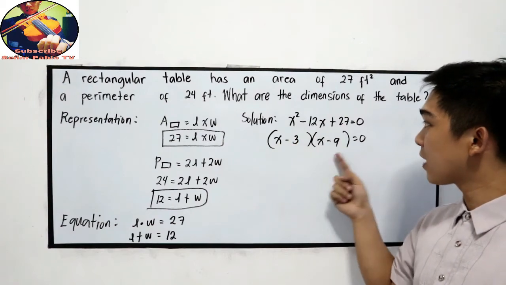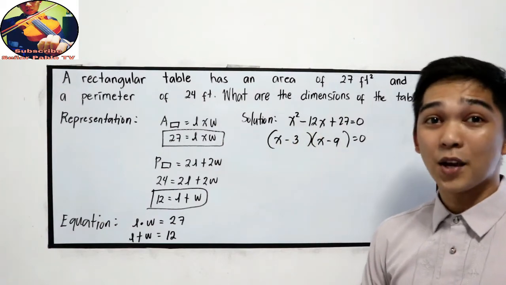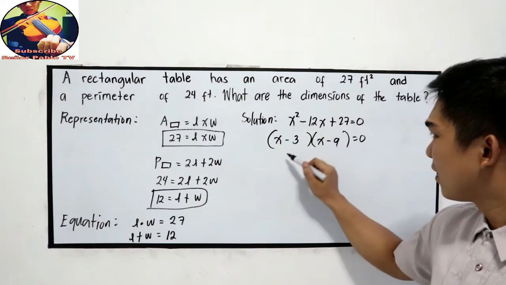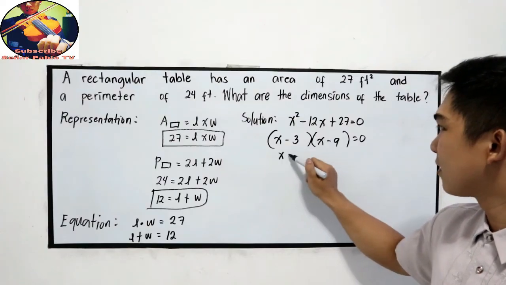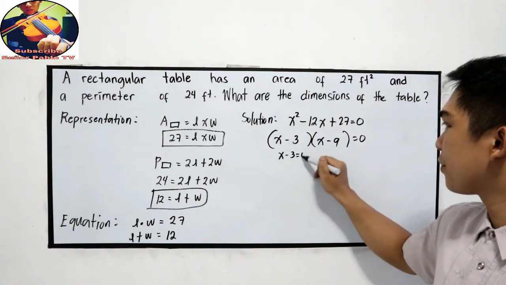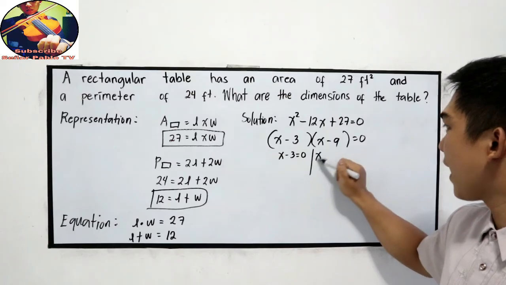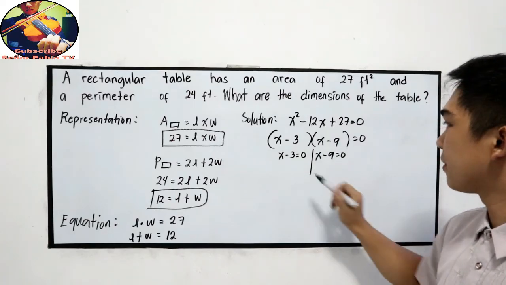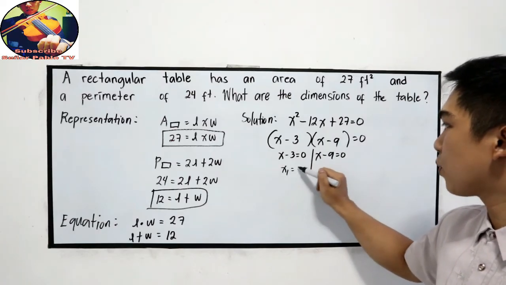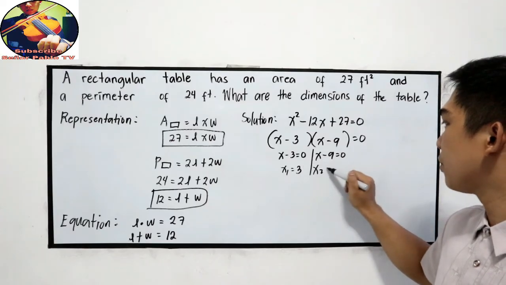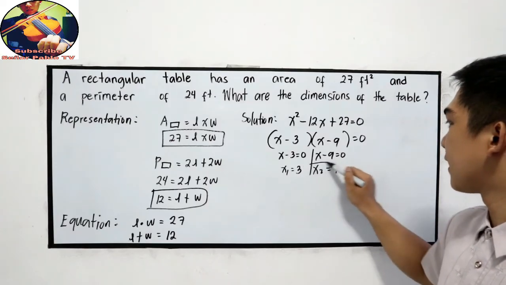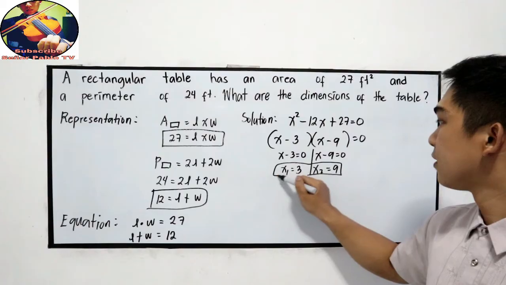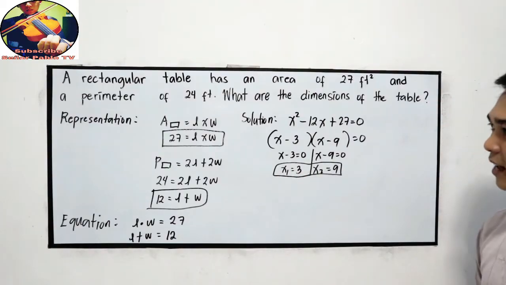Negative 3 minus 9, negative 12. Na-equate natin sa 0. So, x minus 3 is equal to 0, and x minus 9 is equal to 0. So, our x sub 1 is equal to 3, x sub 2 is equal to positive 9.